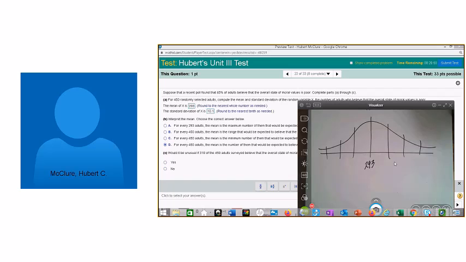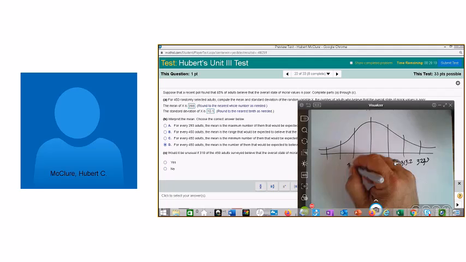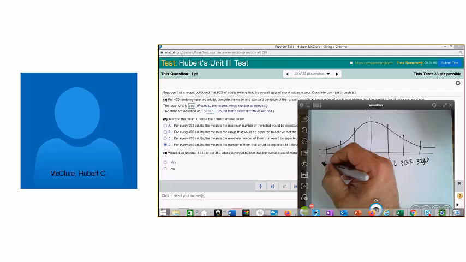293 plus 10.1 is 303.1, plus 10.1 is 313.2, plus 10.1 is 323.3. 293 minus 10.1 is 282.9, and then 272.8, and then 262.7.